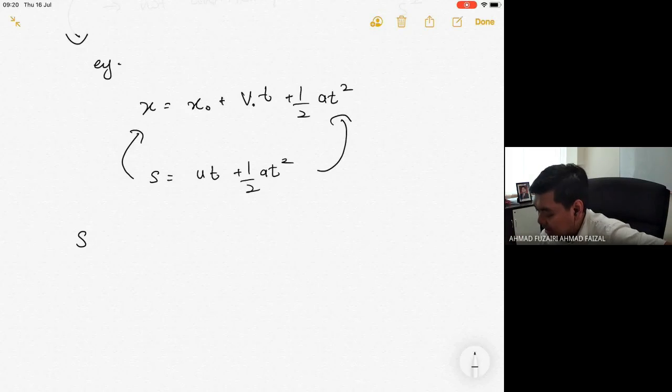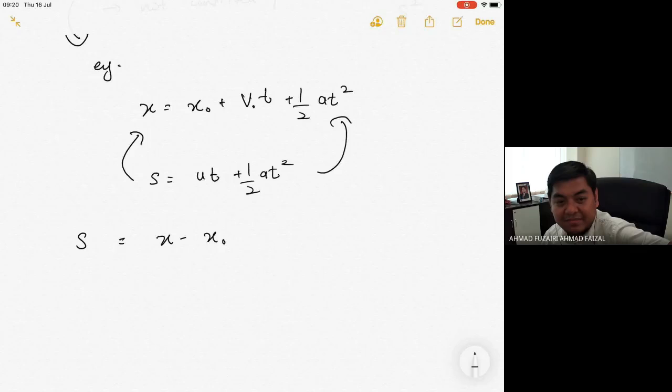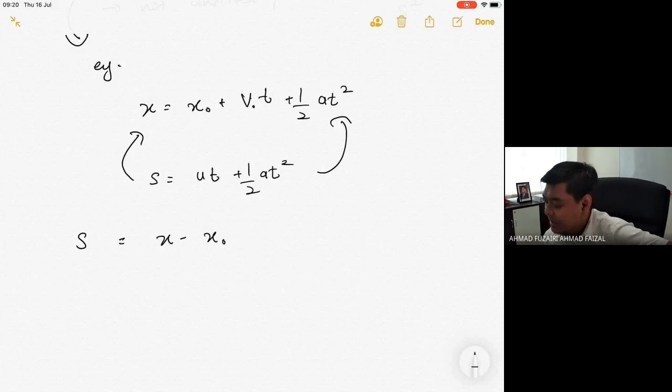Okay, so asal dia sesaran ini sebenarnya ialah X tolak X naught. X ialah titik akhir dan X naught ialah titik awal.